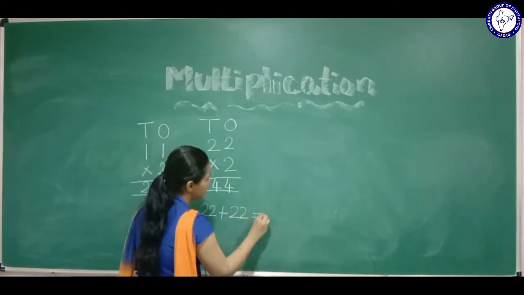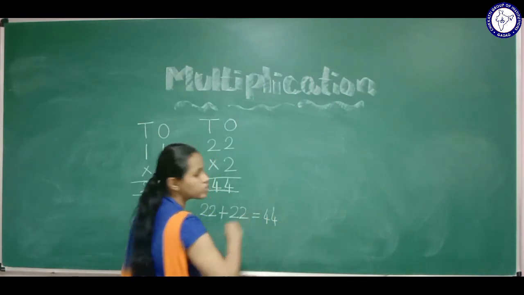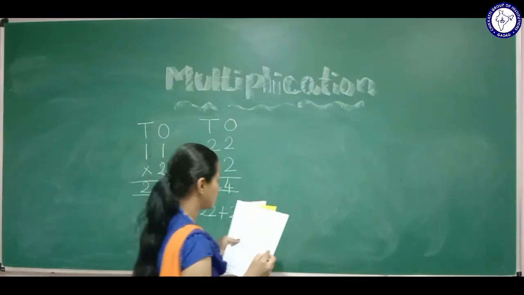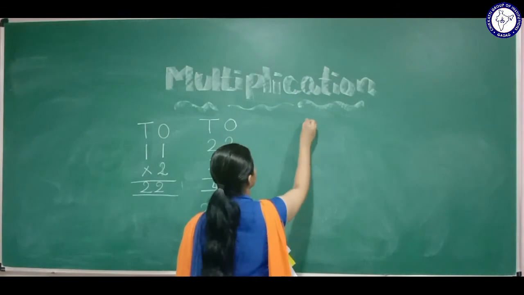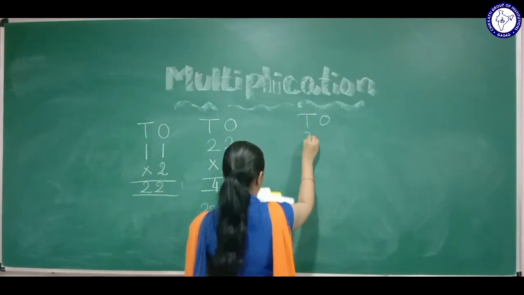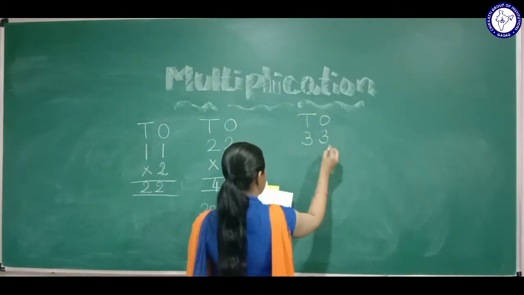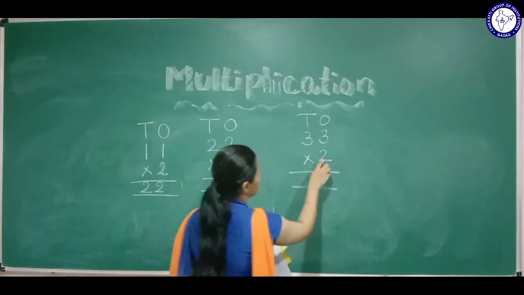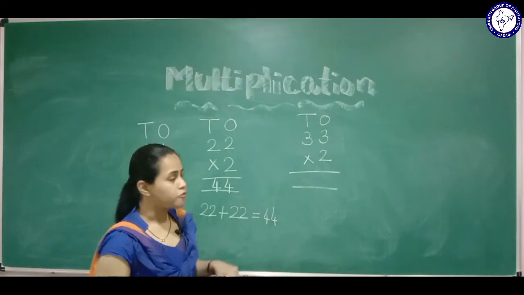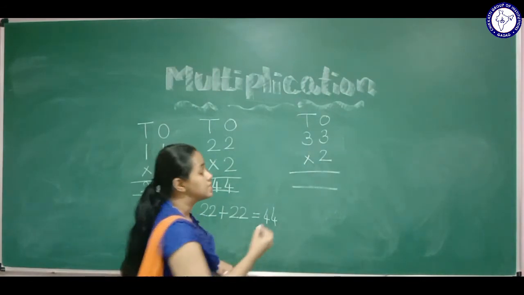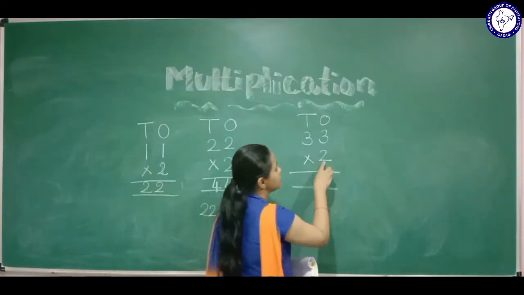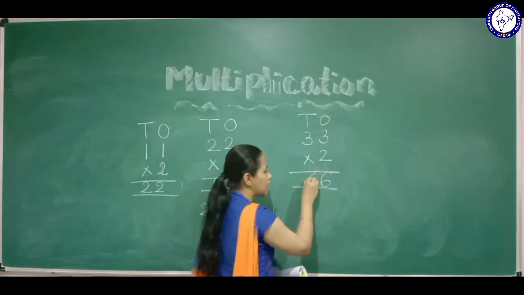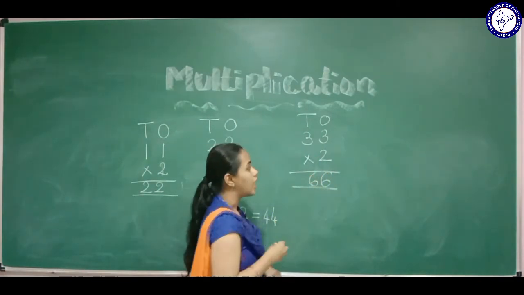So it's 44 only, right? Now 33 into 2, tens and ones here, okay? So in the place, right? 2 ones are 2, 2 twos are 4, 2 threes are 6. Very good, kids. 2 threes are again 6. So we got the answer here, right?